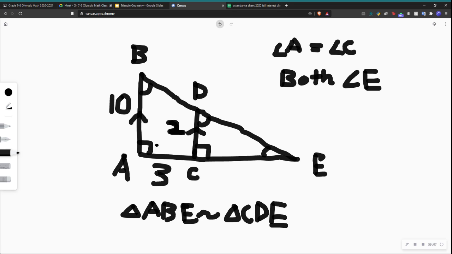Since we proved that angle A is equal to angle C, and they both share angle E, it means that angle B has to equal angle D. You can also prove it by parallel lines, where these two are corresponding angles, but that didn't matter. So now that we know that those angles match each other, this means that triangle ABE is similar to triangle CDE. And now what we're trying to find is the value of CE, this length right here. That's the length of Kevin's shadow.